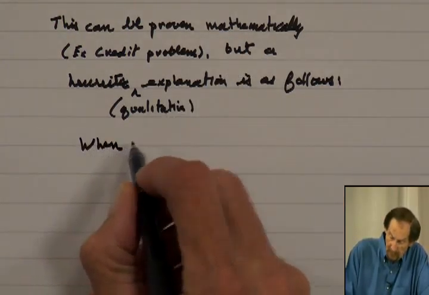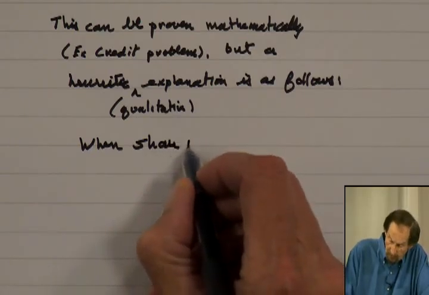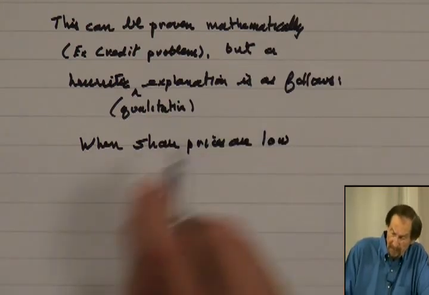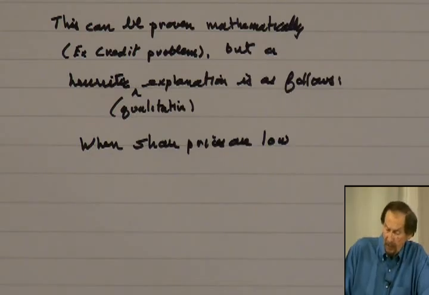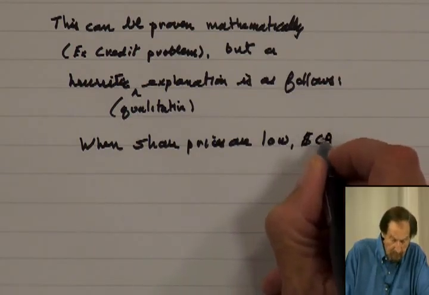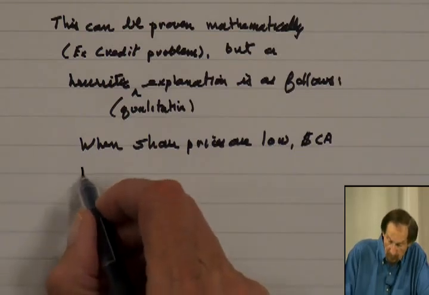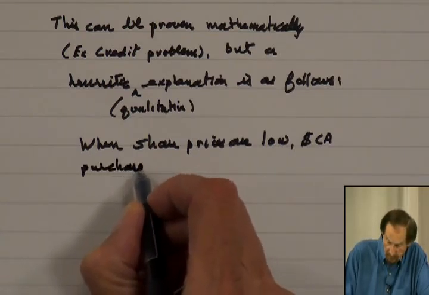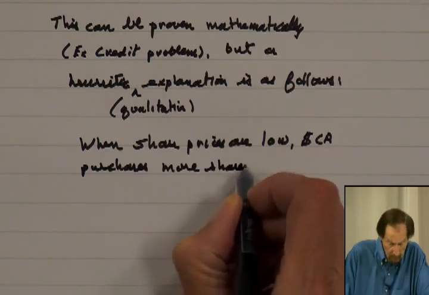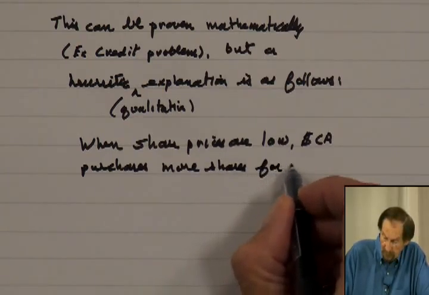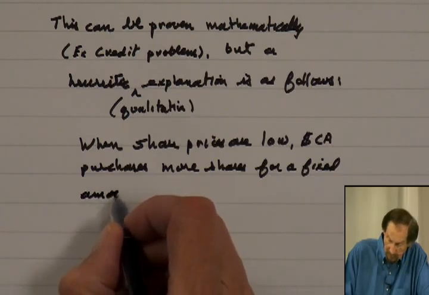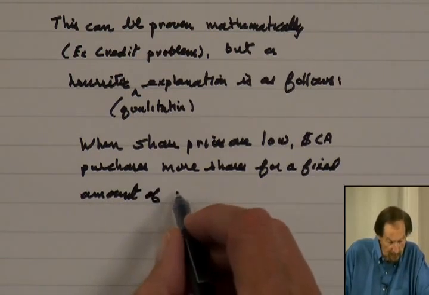When share prices are low, so when I say when in some period that share prices are low, dollar cost averaging purchases more shares for a fixed amount of dollars.